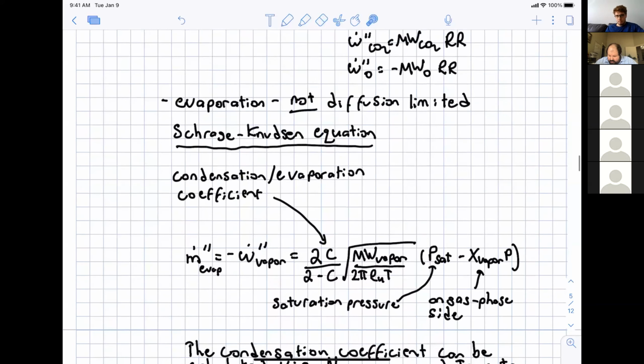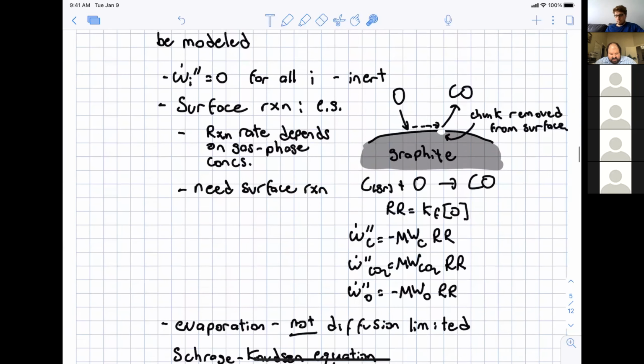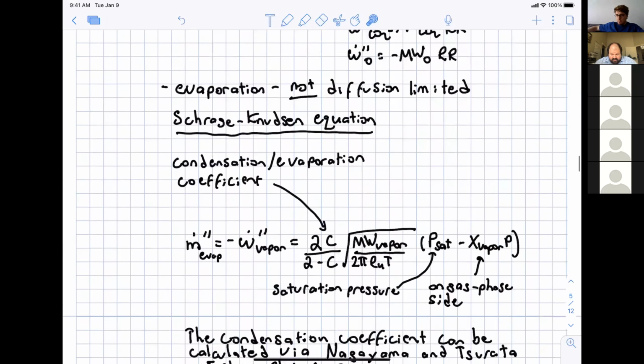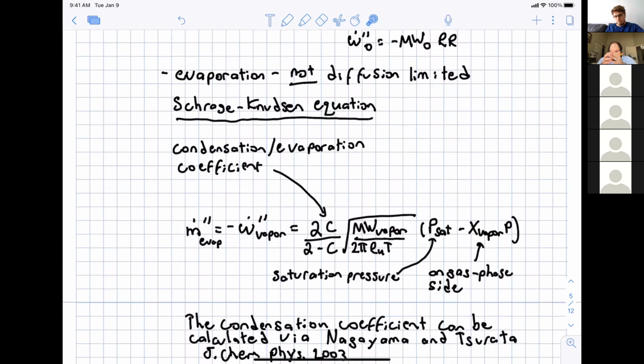If you have evaporation, and the term diffusion limited, we will talk about that when we get to multi-phase combustion. But you would need a model for this omega dot I double prime. There are lots of ways of doing that. One way that works quite often is called the Schrage-Knudsen equation.